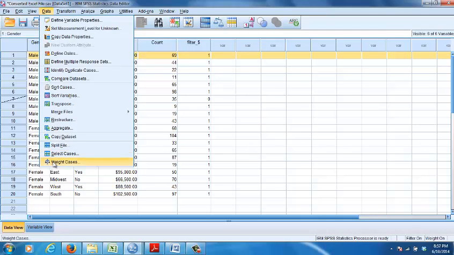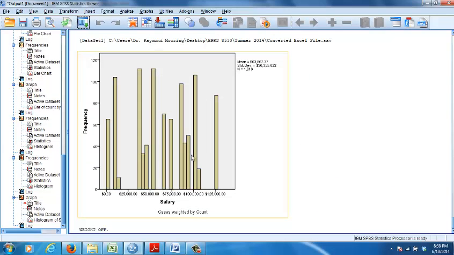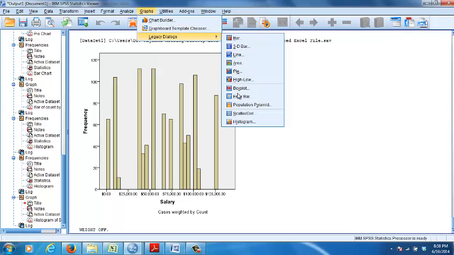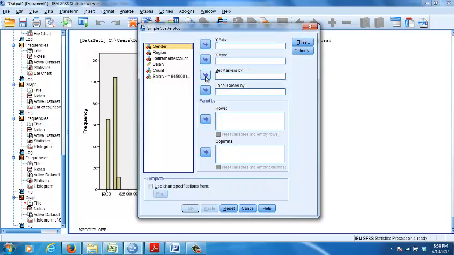So in this case, I'm just going to look at it as 20 variables. Well, 19 if I leave the filter on. But I can go to Graph, Legacy, Scatter Dot. I can do a simple scatter. That's all we need here. And I can put salary on my Y, and I can put count on my X. I can just click OK.